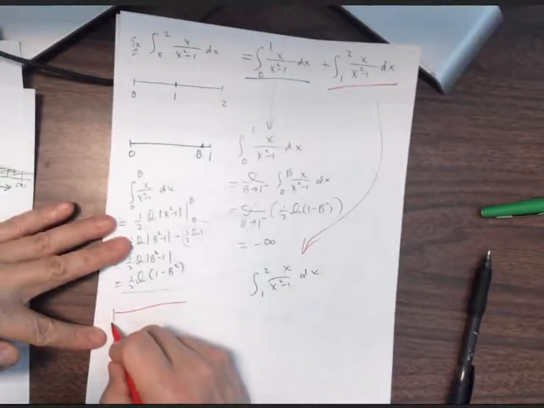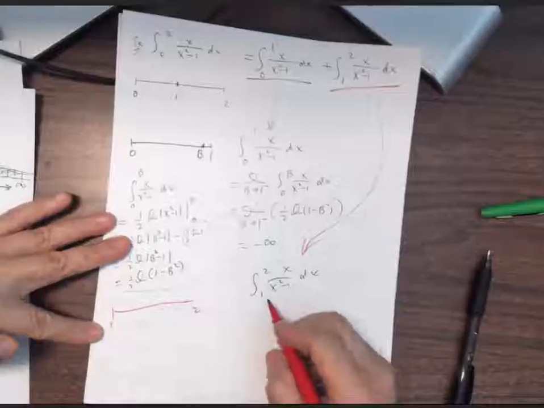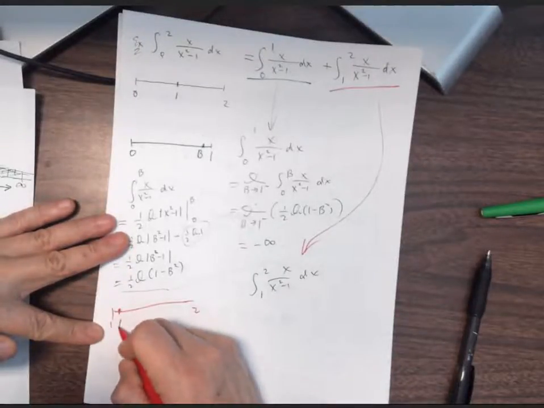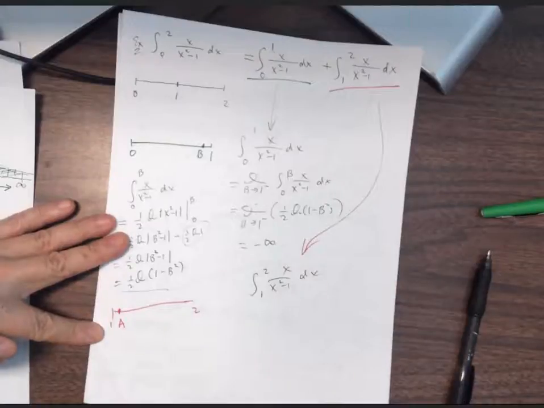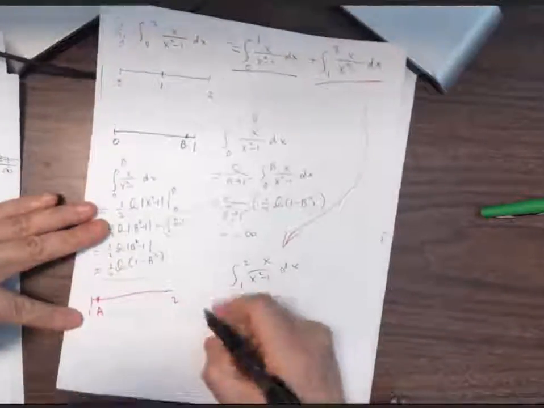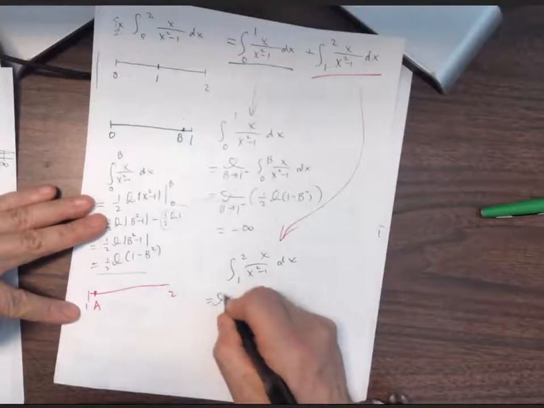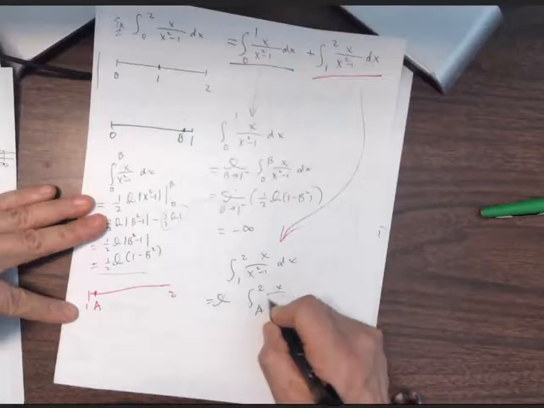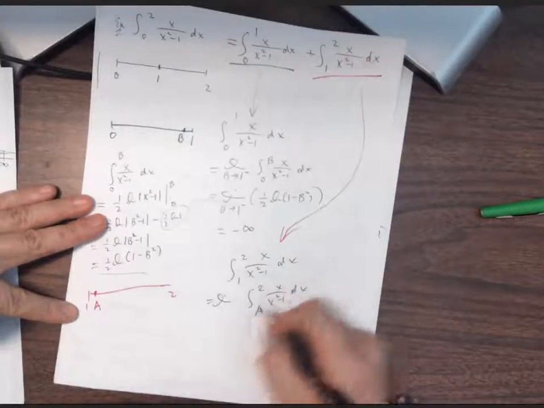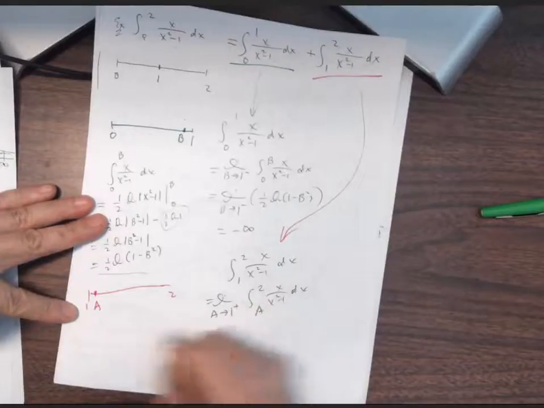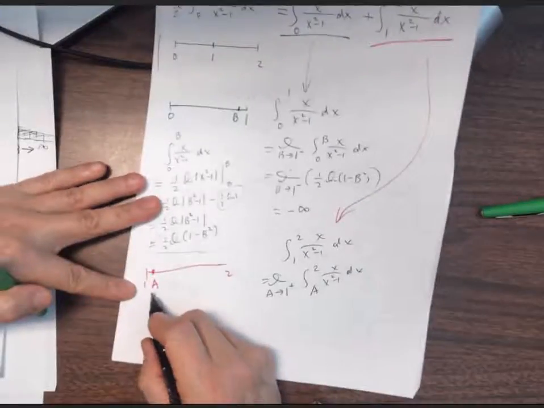For the number line 1 to 2, the trouble spot is 1, so we would start from some A. Just to set it up, it would be A to 2. When this is all done, we would send A to 1 from the right hand side as shown from the number line.